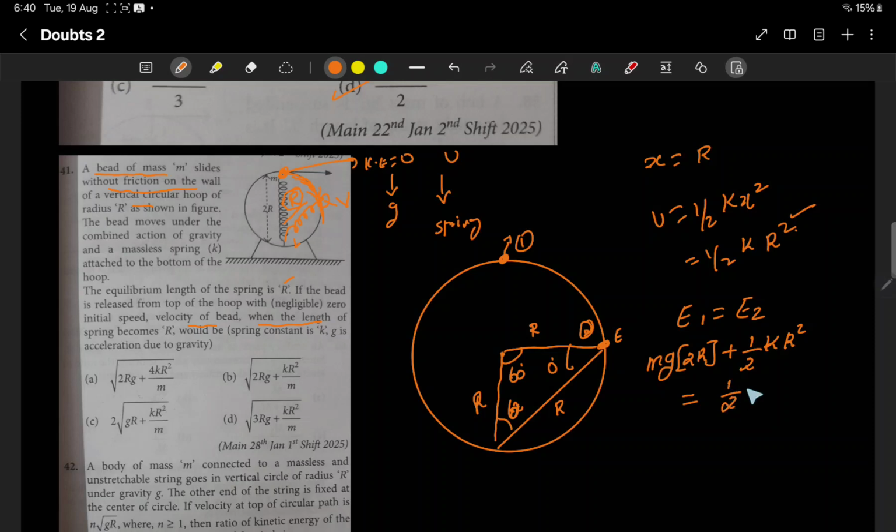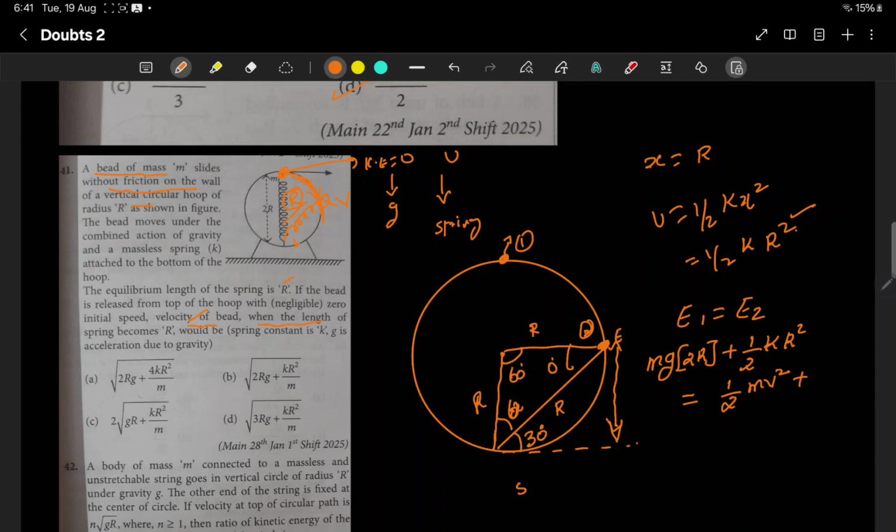Here your kinetic energy is half mv squared. They are asking what this velocity v is; this is unknown. Plus the potential energy at this point. We have to find what this height is from the base. Here if you see this is 60°, so this will be 30°. This is r.